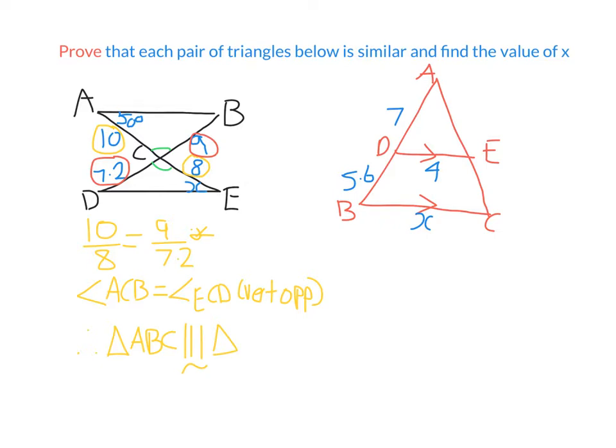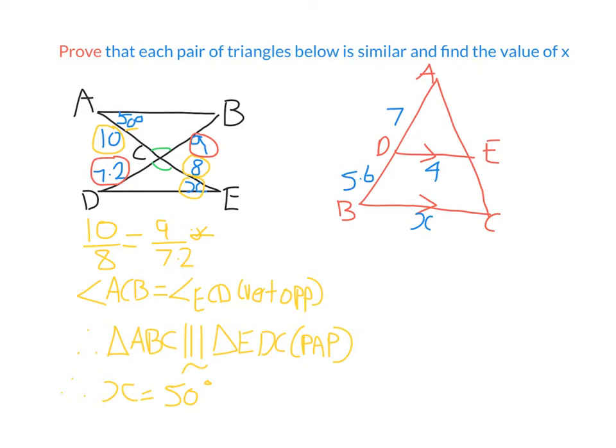A corresponds to E, B corresponds to D, and C corresponds to itself, and the test I used was PAP or SAS. That means X corresponds to the 50-degree angle, so therefore X equals 50 degrees. Because these two triangles being similar means they have the same set of angles, corresponding angles must be equal.